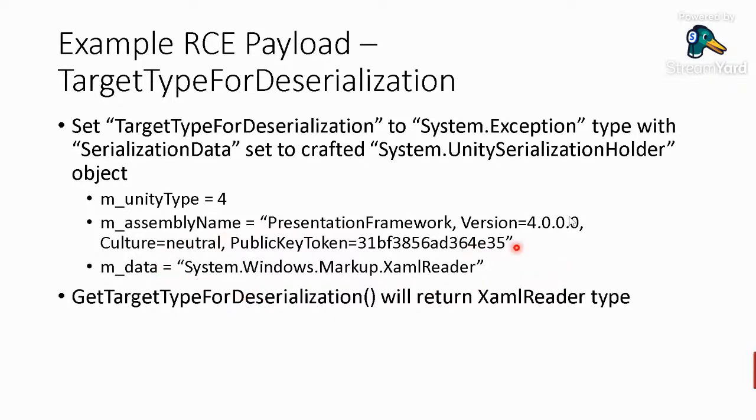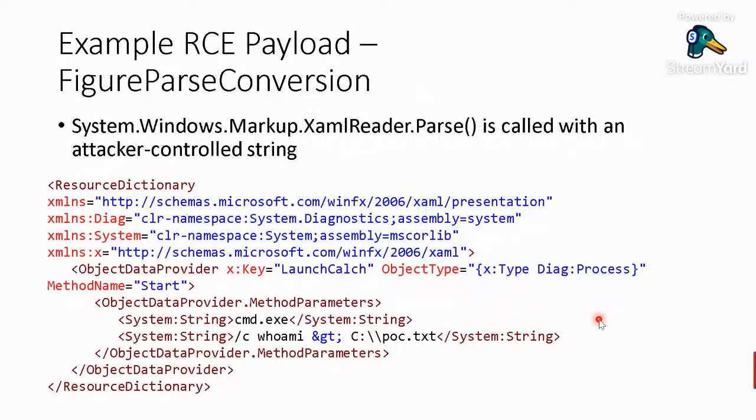Okay, so this is what the crafted object looks like when it's deserialized, and it's eventually going to return the XAML reader type. And as we saw in the parse conversion function, it'll call the parse function of this XAML reader. The nice thing about the XAML reader is that you can give it some XML data that will eventually lead to code execution.